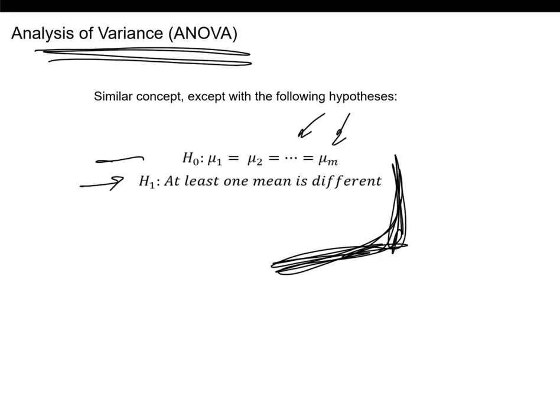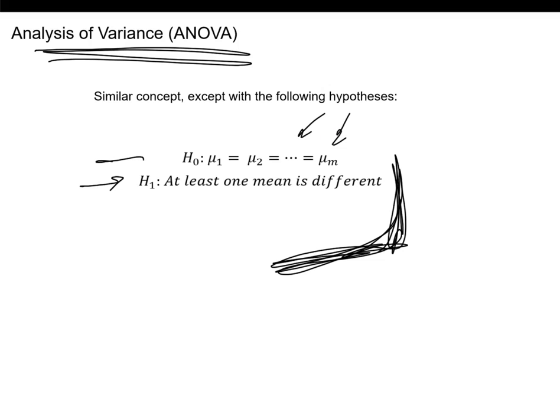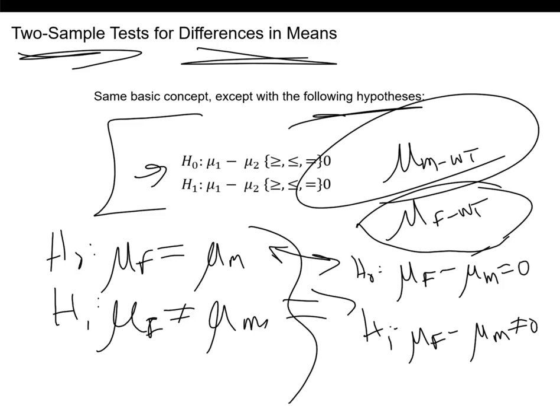We'll talk through a little bit later how to carry out some of the ANOVA in a slightly different context. What I did is I just pulled up where we started at this topic, the two different data sets. I've got 2018 call times, and I've got 2017 call times, right? And what we just said was that we can consider a difference in two means.